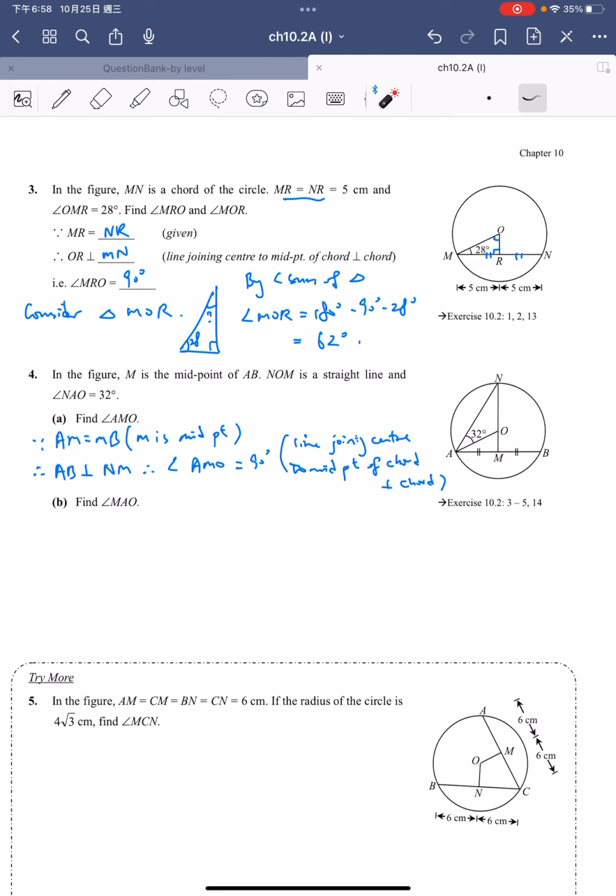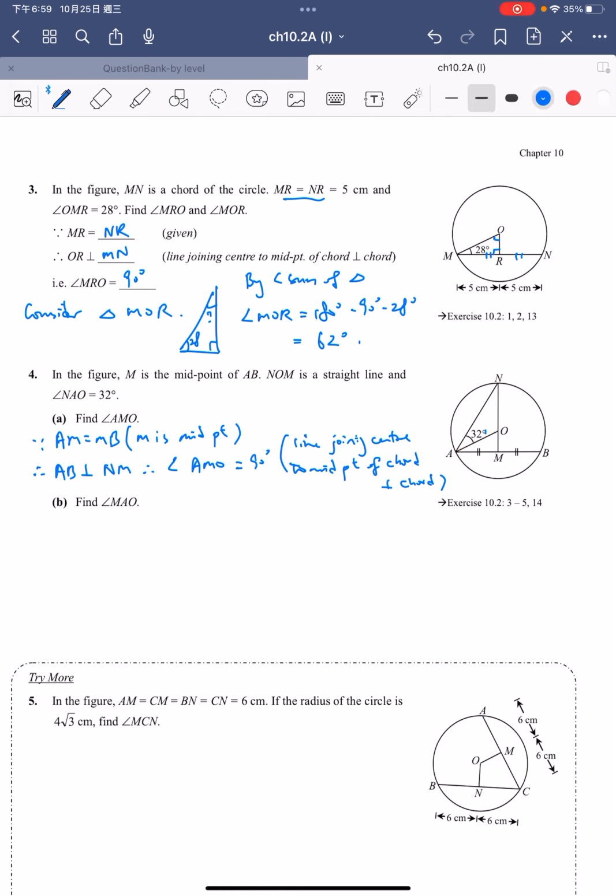In this question, you need to think about it: if you want to find this angle, we have to find this angle as well, then we can use the angle sum of a triangle by deducting 90 degrees, this angle, to find the required angle. So now our question is how to find this angle. If you look carefully, AO and ON are the radii, aren't they?